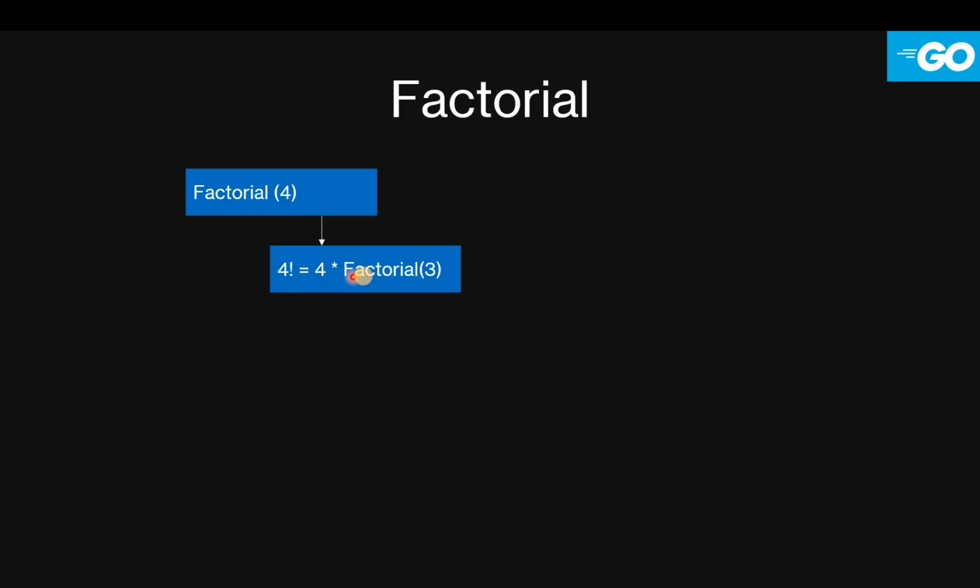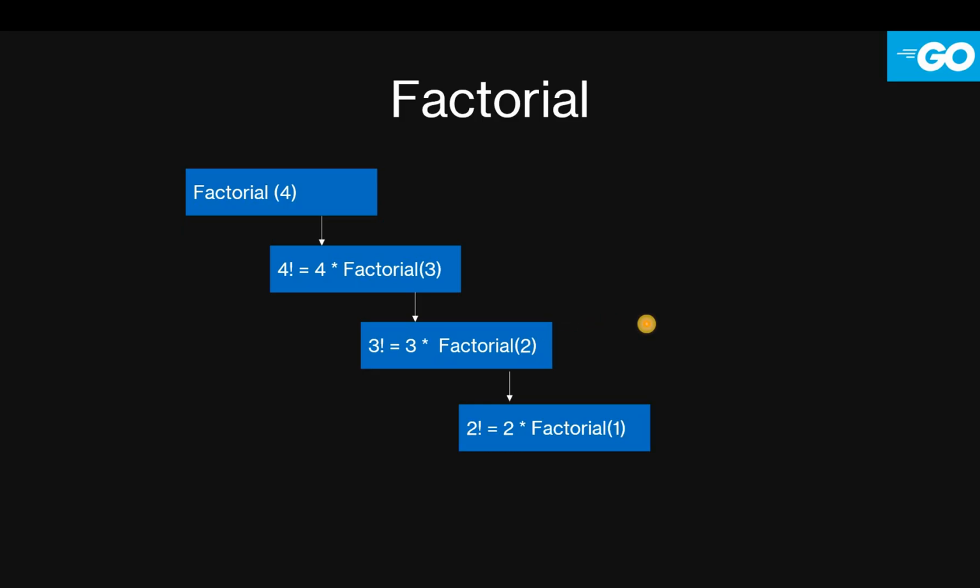But in factorial of 3, the same thing happens again. It will call the factorial of 2, which is 3 minus 1. And when we call factorial of 2, it will again call factorial of 1, and the same goes on till we get to 0. When the value is equal to 0, at that time it simply returns 1.